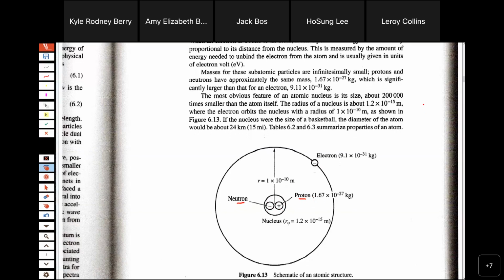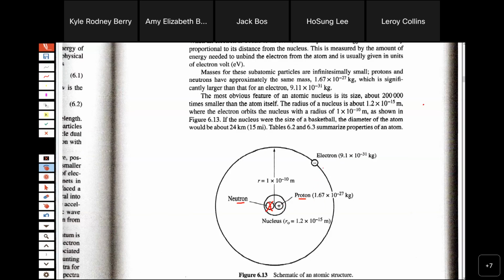The hydrogen has only one proton, and the proton is charged positive, so it attracts an electron.